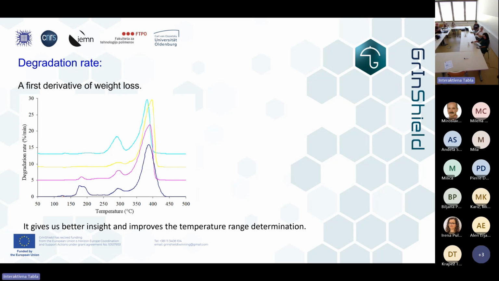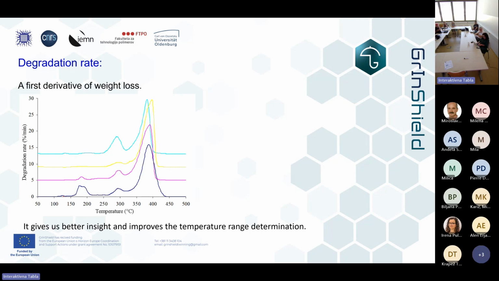And this was PMMA, polymethyl methacrylate, and this gives us information also about the chemical structure, because this peak at 150 to 200 degrees corresponds to the quantity of head-to-head bonding in the polymer. So this polymer had a lot of imperfections, head-to-head bonds. The second peak at 300 degrees corresponds to the double bonds.